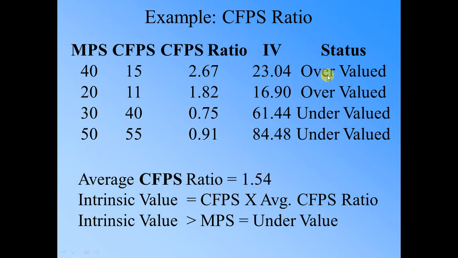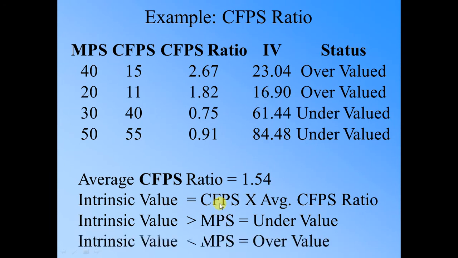You can see from here also the worth of the share is 23 while it is available in the market at 40, so it is overvalued. Similarly, if the intrinsic value is less than the market price of the share, we say that it is overvalued, and vice versa.